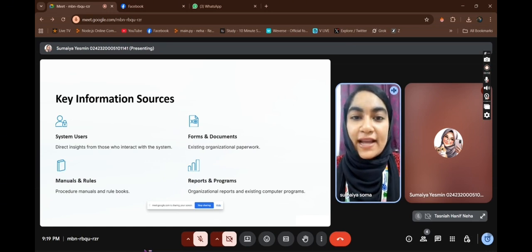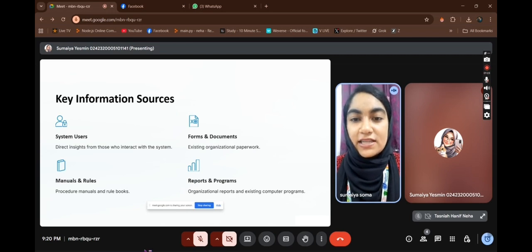Now, let's look at the key information sources we can rely on. First, we have system users. These are the people who interact with the systems daily, so they can provide direct and practical insights. Next, manuals and rules. These include procedure manuals and rule books that outline how things should be done. Third, forms and documents.